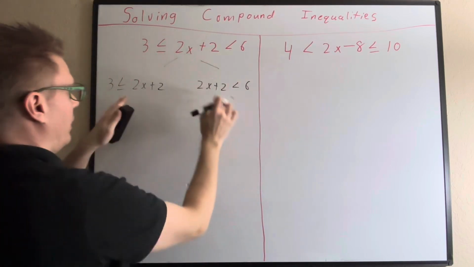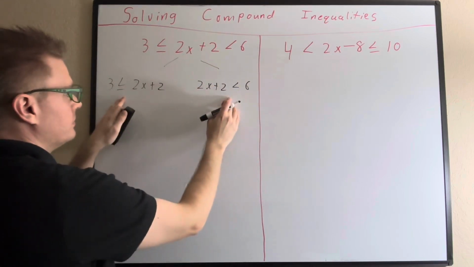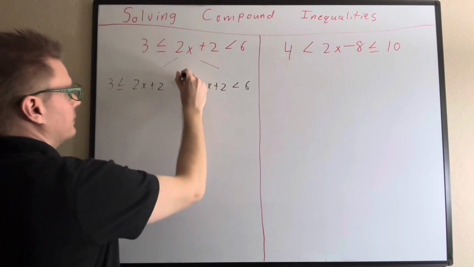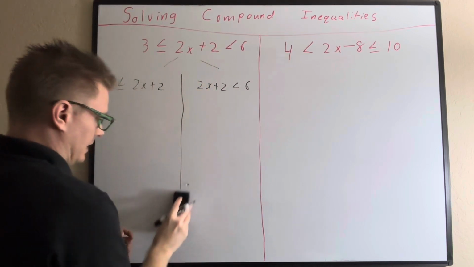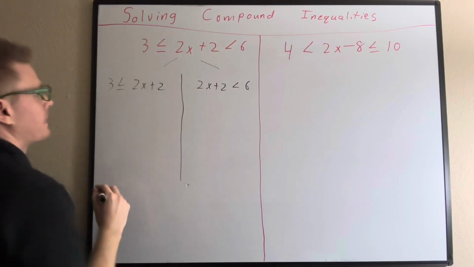That's both inequalities. Compound is more than one, and there's two. So there you go. And since they're different, I'm going to draw a line down here. But at the end, we're going to want to combine them, so I'll draw a line all the way down.